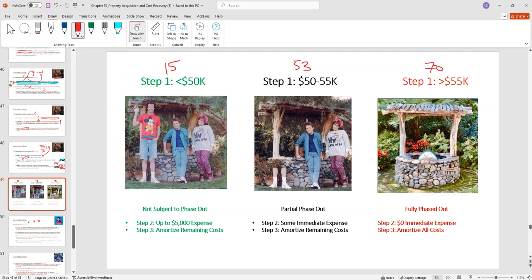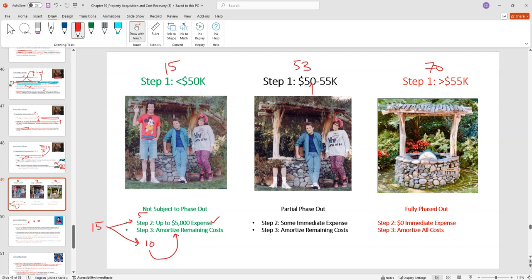What we're doing there is we're adding up all our organizational costs: accounting, legal, state fees. In situation 1, with 15, because it's below 50, essentially 5 of that will immediately expense, and 10 we're going to have to amortize over 180 months. Compare that with 53.